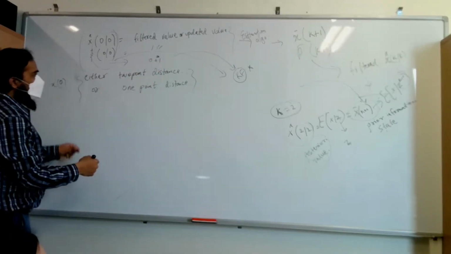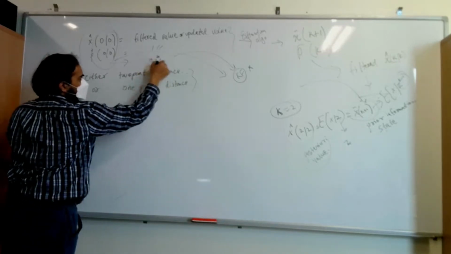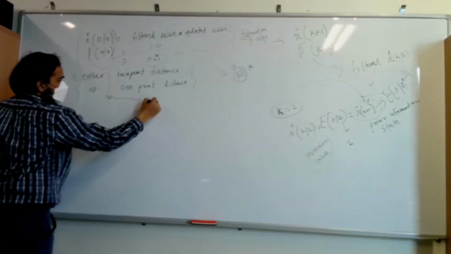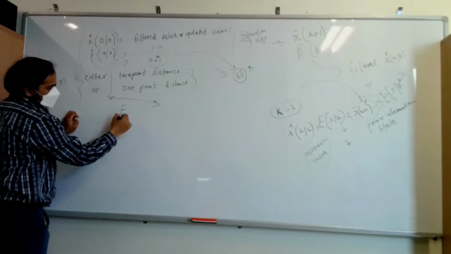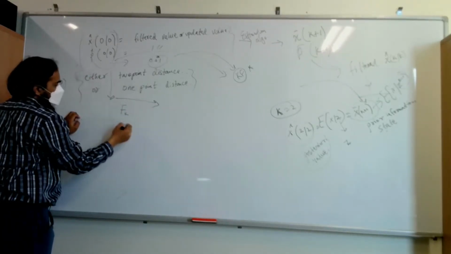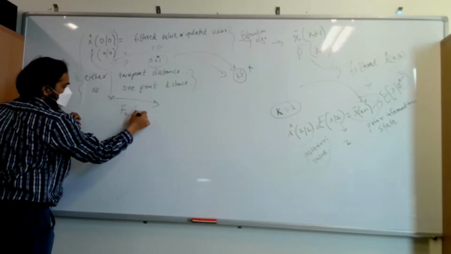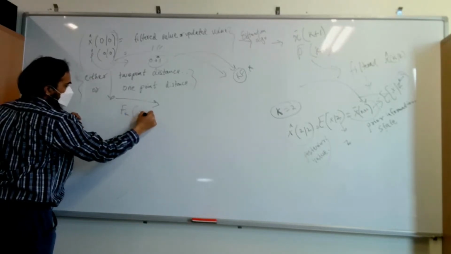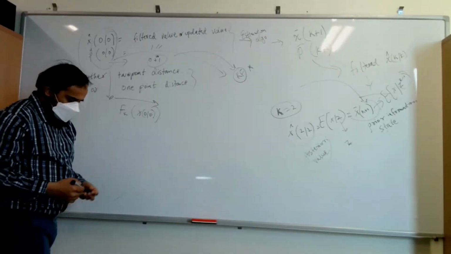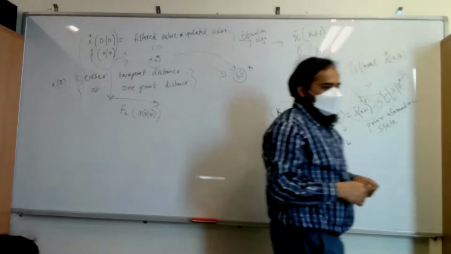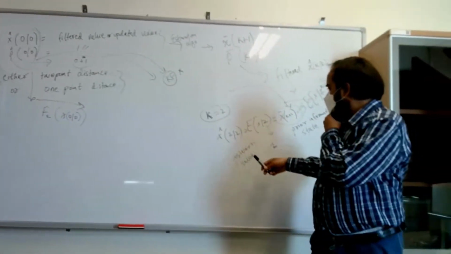And again, we transfer this information here with the help of the state transition matrix. If we multiply this thing with this one, then it will transfer to the next scan. So this is called the prediction value.